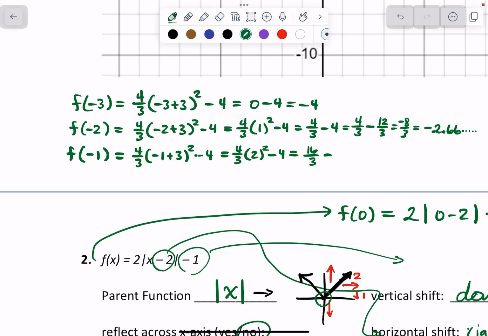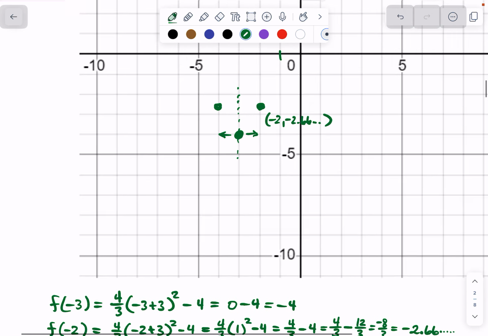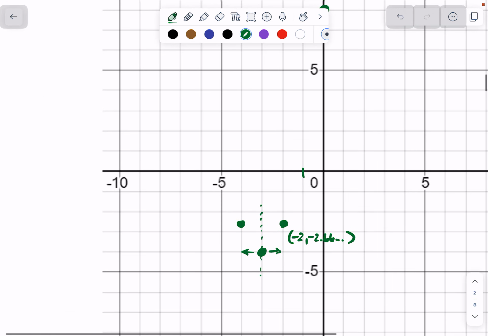Minus, we already know, 4 is 12/3. So 16/3 minus 12/3 gives us 4/3, or about 1.333 repeating. So -1, comma, positive 1.3 repeating.